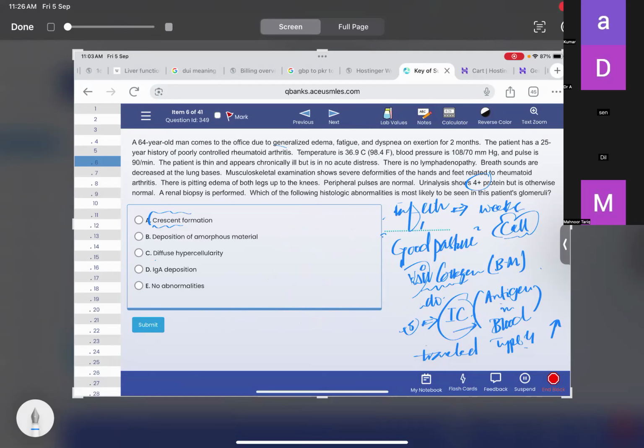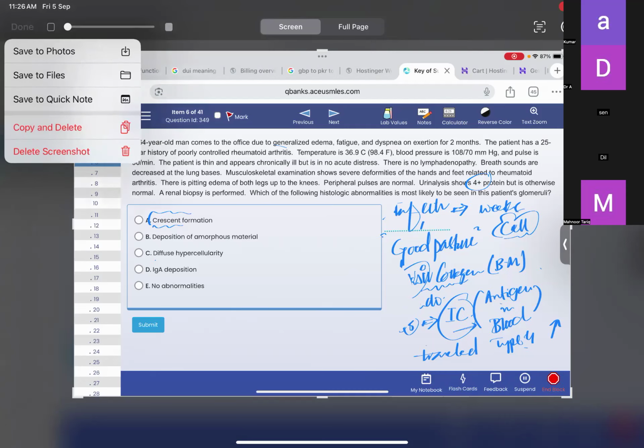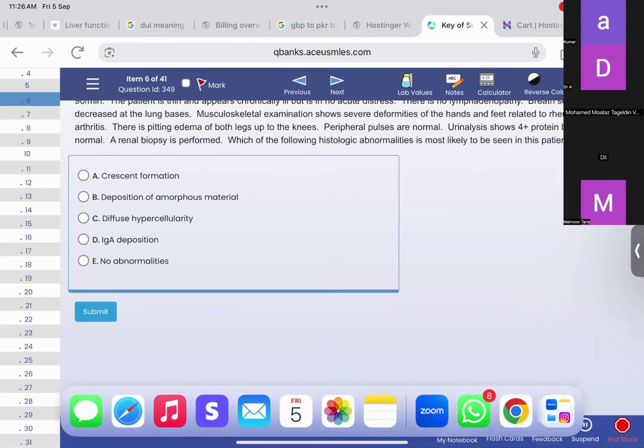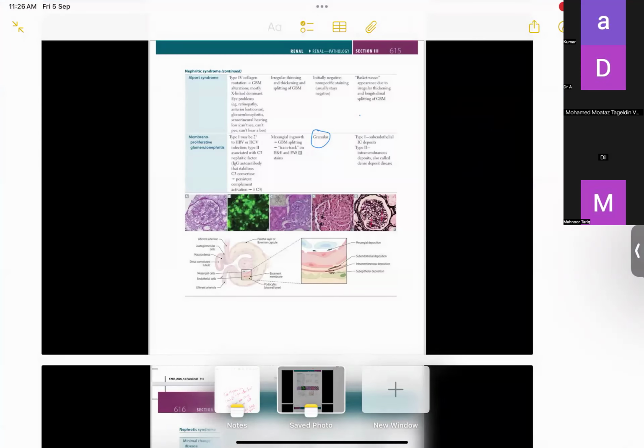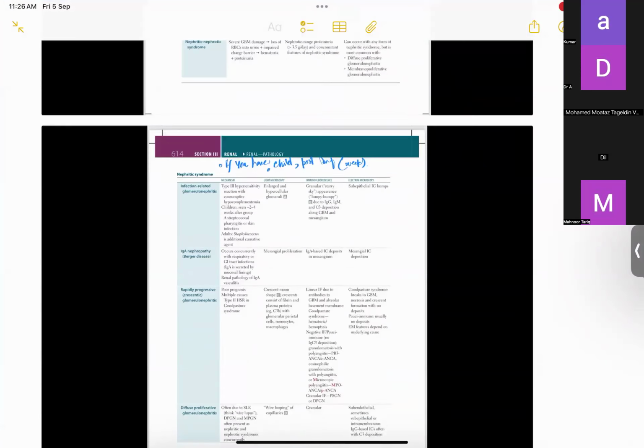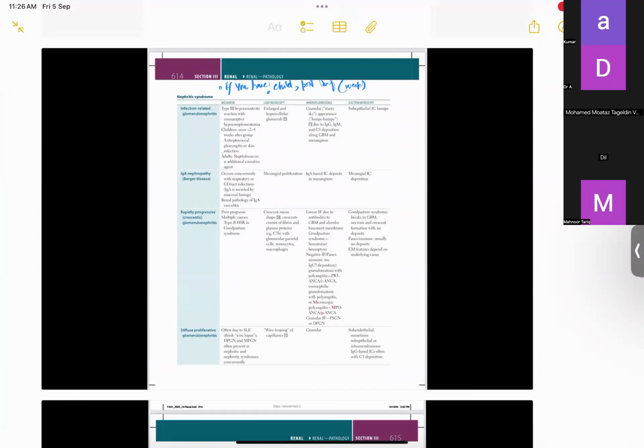If you look into your First Aid, I have saved it for you guys. There is splitting of the GBM written in First Aid. I have saved this because today's topics, all the points were like rote memorization. You have to memorize it, okay?